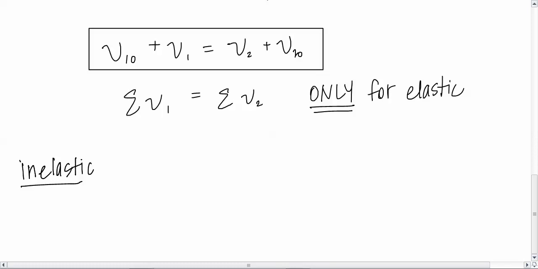The collisions with the walls of the container and the collisions between the gas particles, molecules themselves are assumed to be pretty close to elastic.